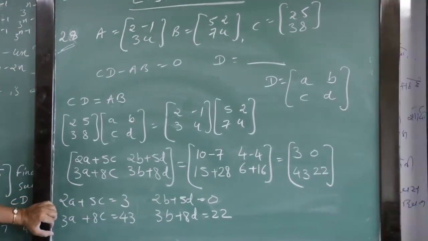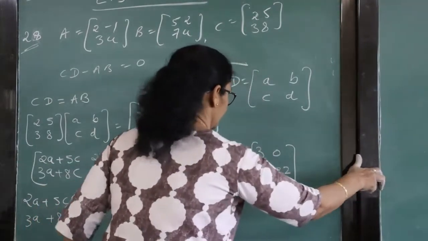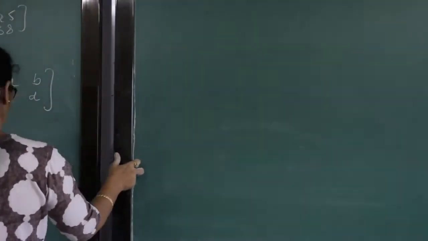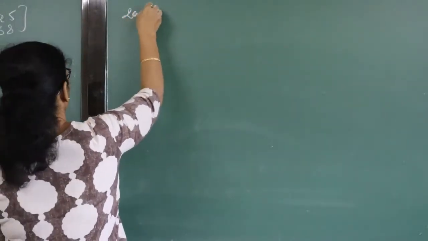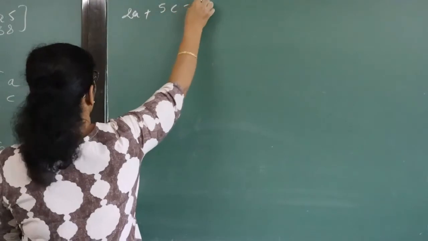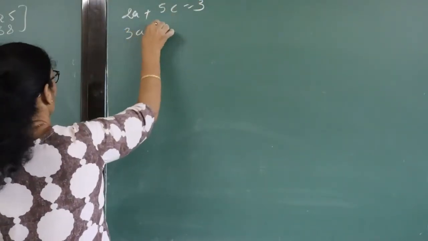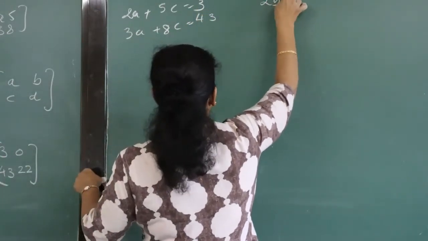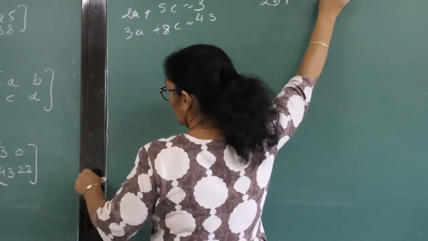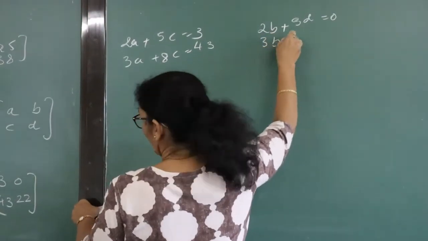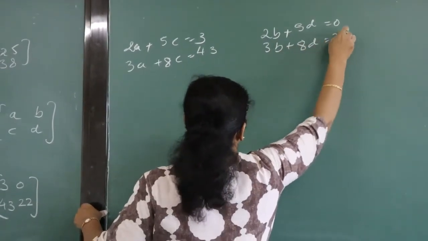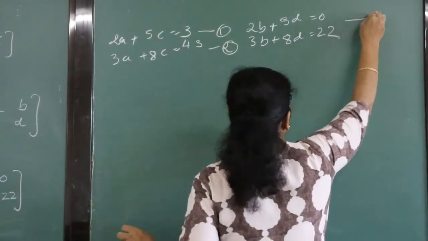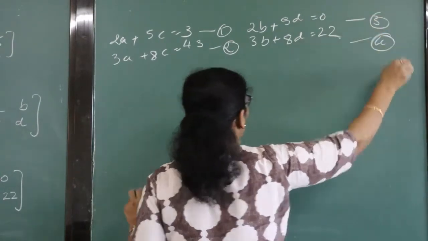So what you will get after eliminating it? The values of a, b, c, d. Okay, let's write the first relation: 2a plus 5c equal to 3, and second equation 3a plus 8c equal to 43. 2b plus 5d equal to 0 and 3b plus 8d equal to 22. Let's name them equation 1, 2, equation number 3 and equation number 4.